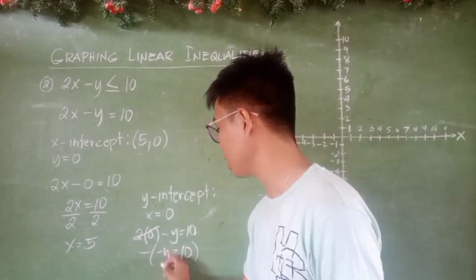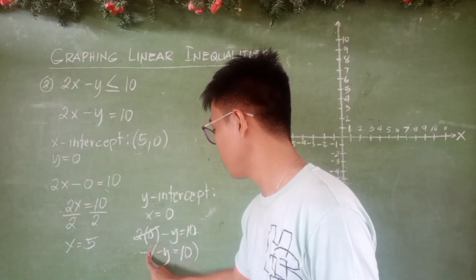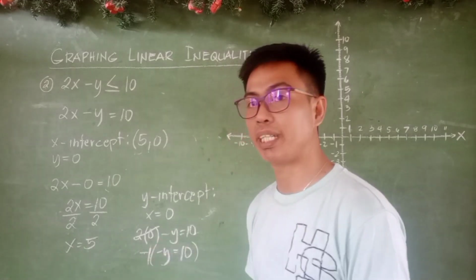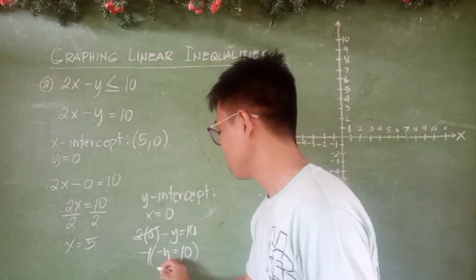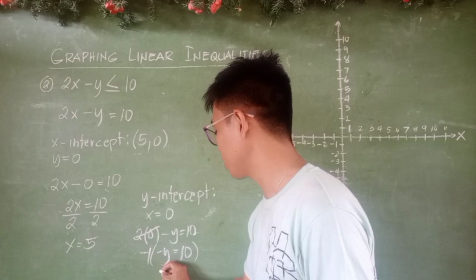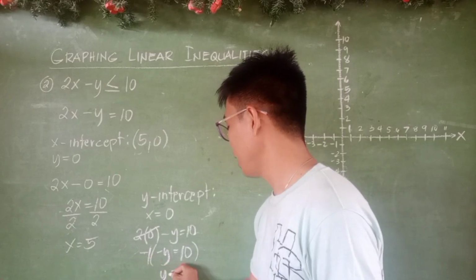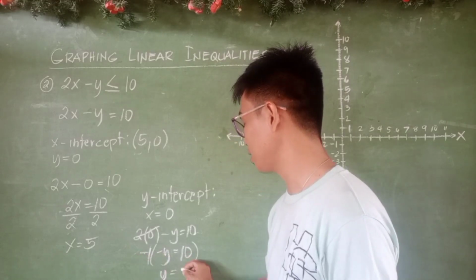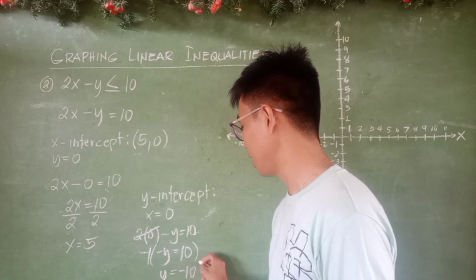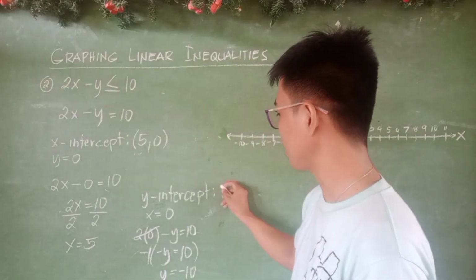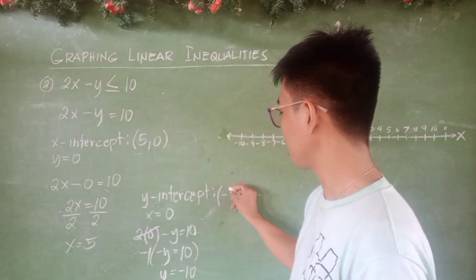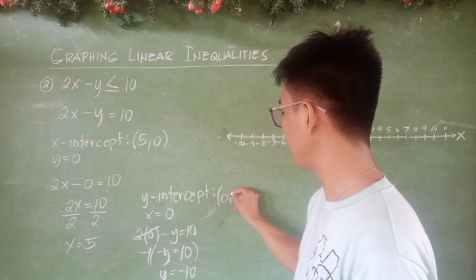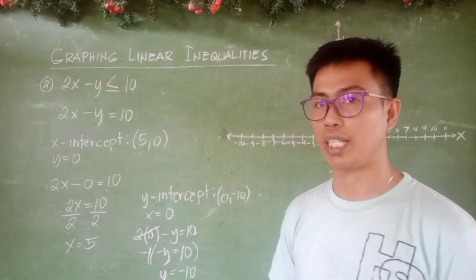So negative 1 times negative y is positive y, and negative 1 times 10 is negative 10. So that means our y-intercept is negative 10, or 0, negative 10.